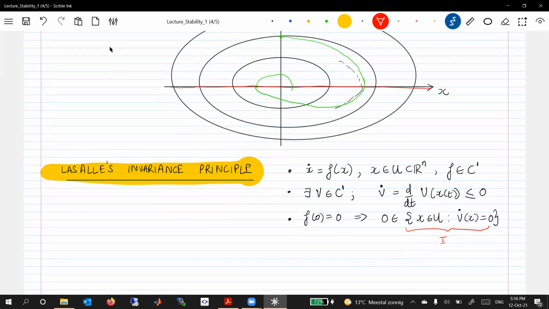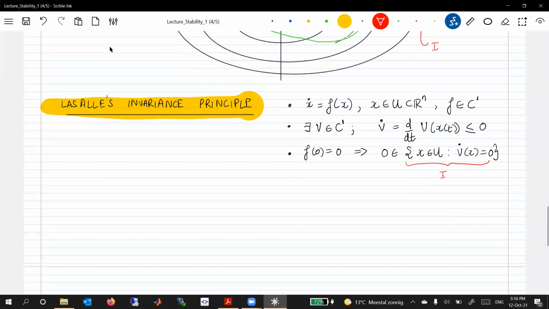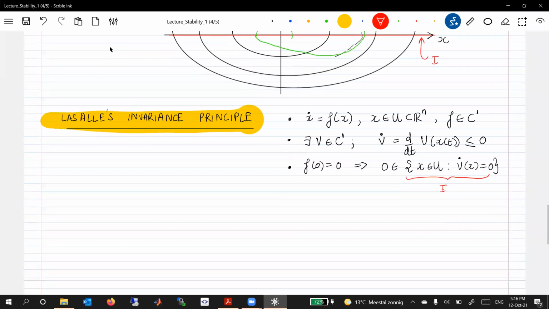On all these points, the derivative of energy is 0, right?